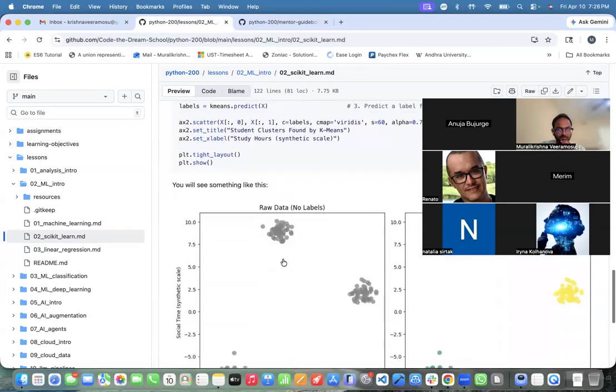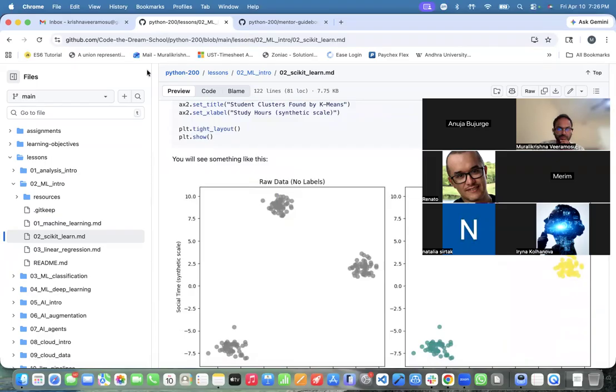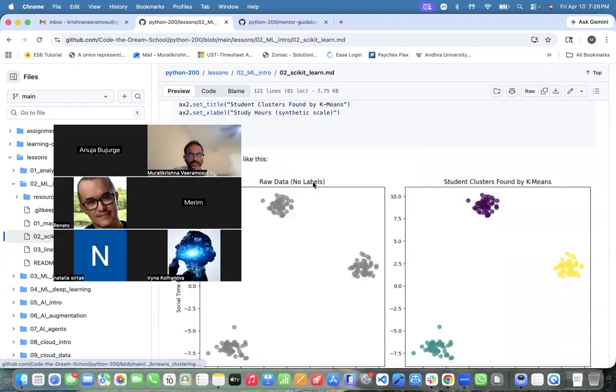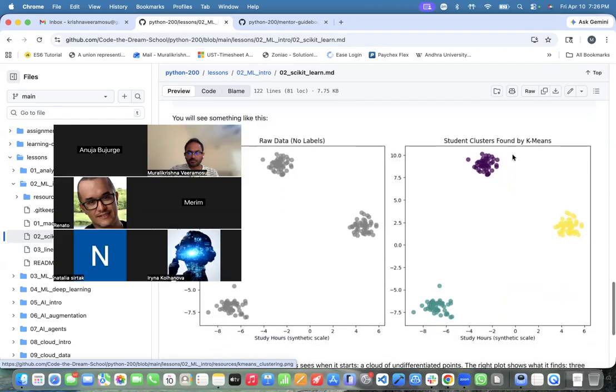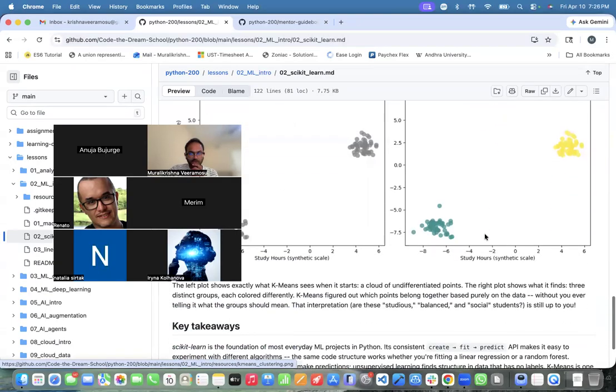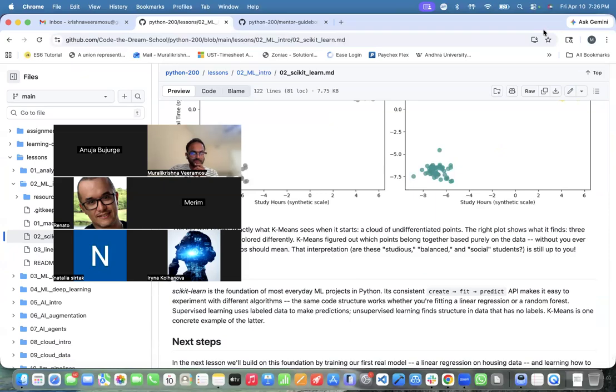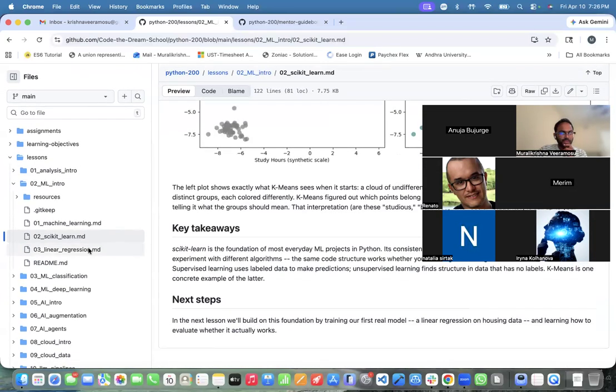So this is an example of k-means clustering. The data doesn't have a label because it's unsupervised learning. Clustering is a technique of unsupervised learning, and it basically clusters the data at the end.